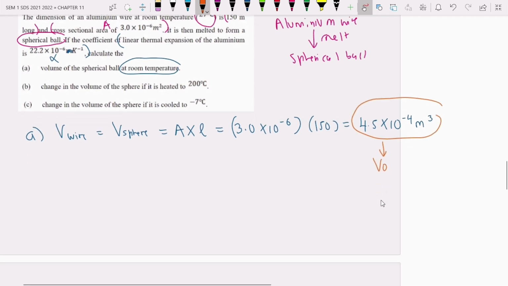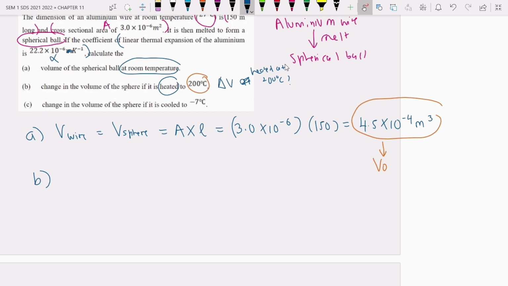Alright, next one. Change in the volume of the sphere if it is heated to 200 degrees Celsius. So we are going to look for the change in the volume at 200 degrees Celsius. How are we going to tackle this question?